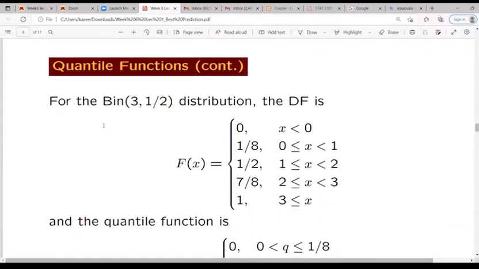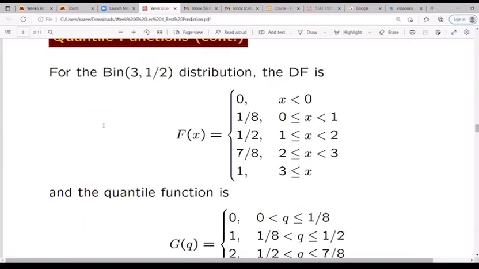And I gave you the example of the binomial distribution the other time, showing how to get a quantile for a discrete random variable.